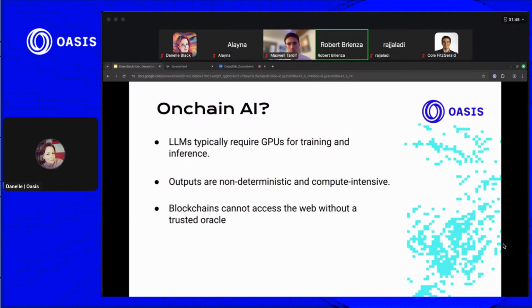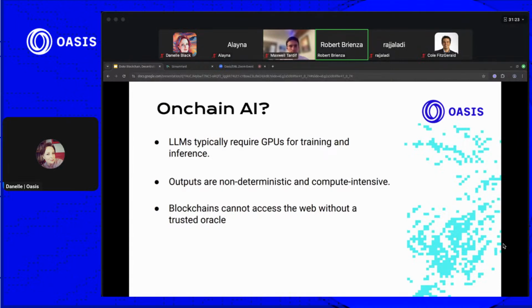So we just avoid the whole issue by having blockchains not able to access the web. Unless you have some sort of trusted oracle who can handle this delicate process of medianizing and aggregating non-deterministic results. But this is by no means an easy thing to do. So yeah, basically there's three issues that we run into. So overall, on-chain AI is actually very difficult.